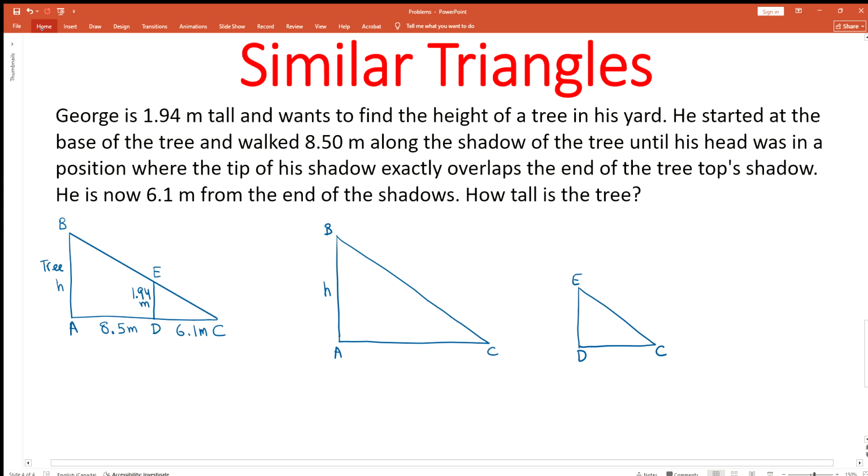The length of side AC is equal to the length of side AD plus the length of side DC. So we should add 8.5 and 6.1, which is equal to 14.6 meters. The length of side DE is 1.94 meters and the length of side DC is 6.1 meters. We have to prove that these two triangles are similar and then we will find the height of the tree.